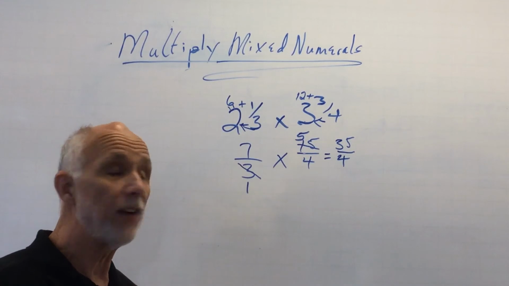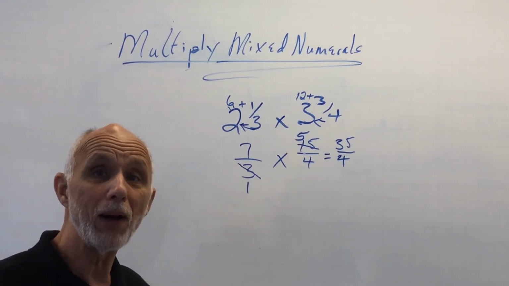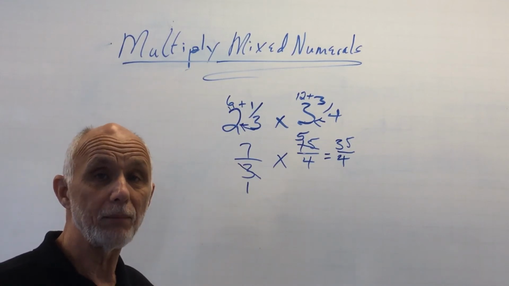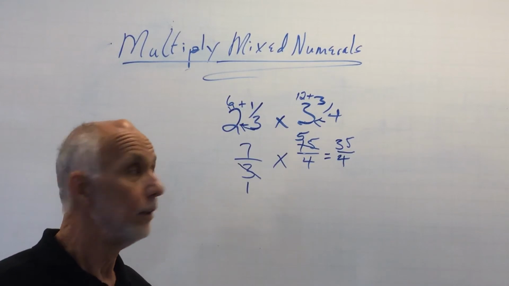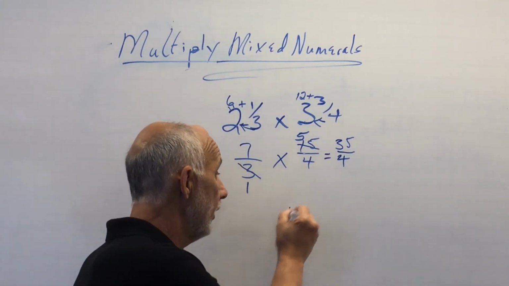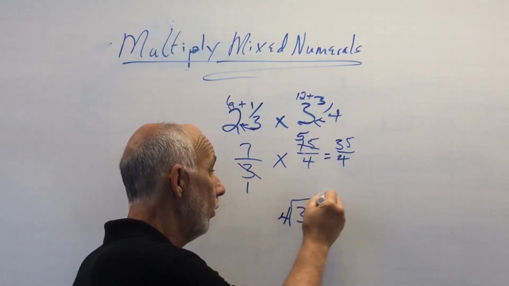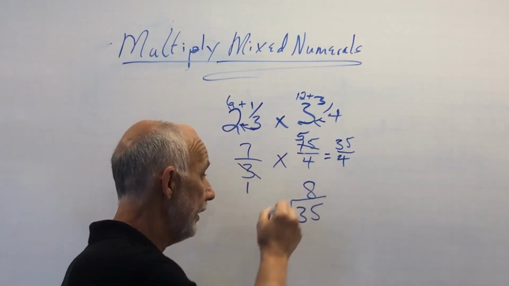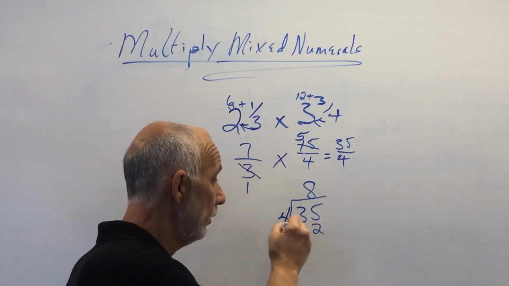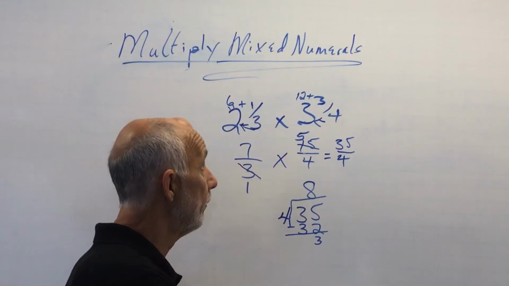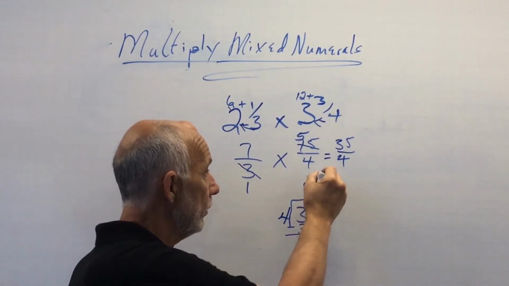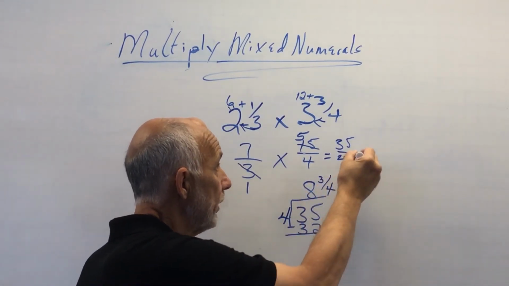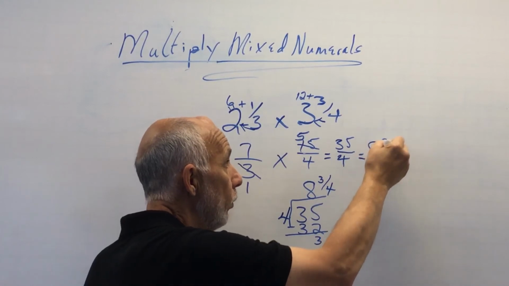What's wrong with 35/4? It's improper. So I got to make it proper. So I have to divide 4 into 35, goes 8 times. 8 times 4 is 32, remainder 3, and write my remainder as a fraction, and my answer becomes 8 3/4.